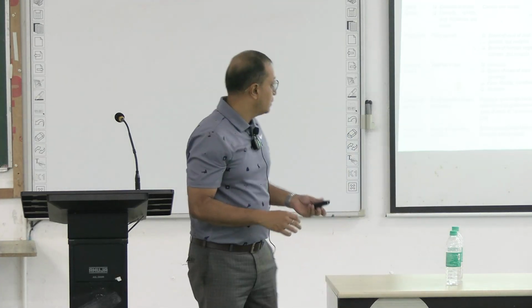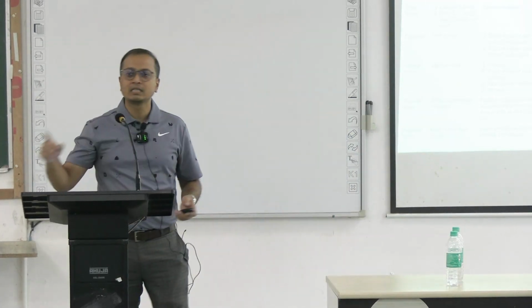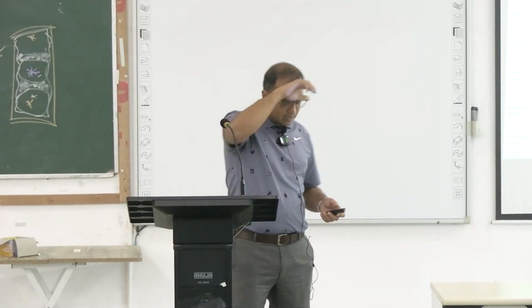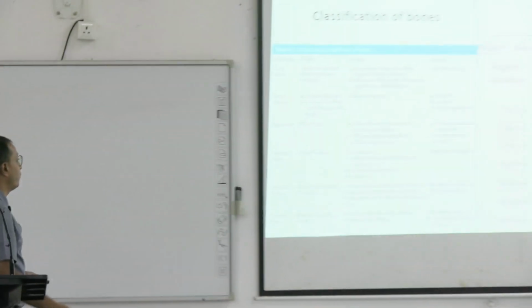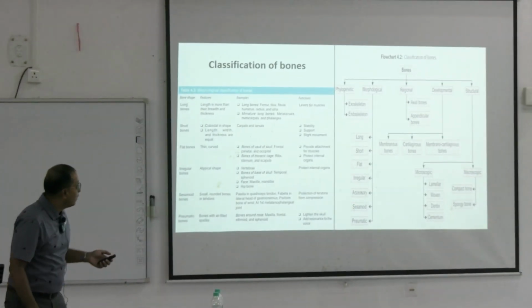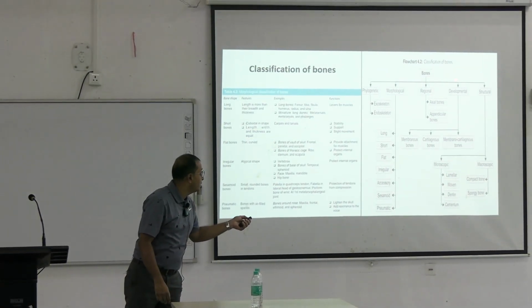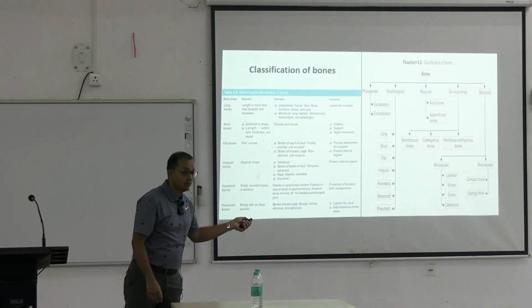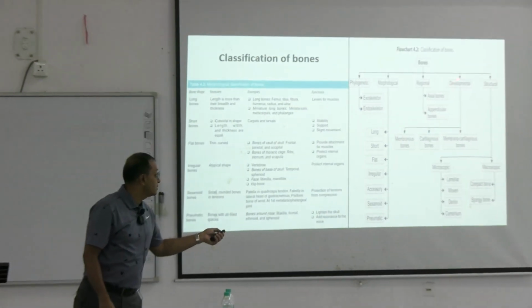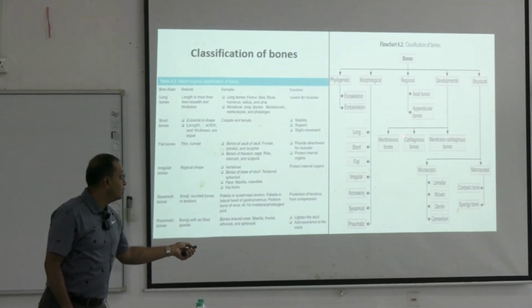Clear? So, based on that, we can classify these bones according to how they are formed in our body. We can classify this development of the bone as developmental bone classification. How are they formed?